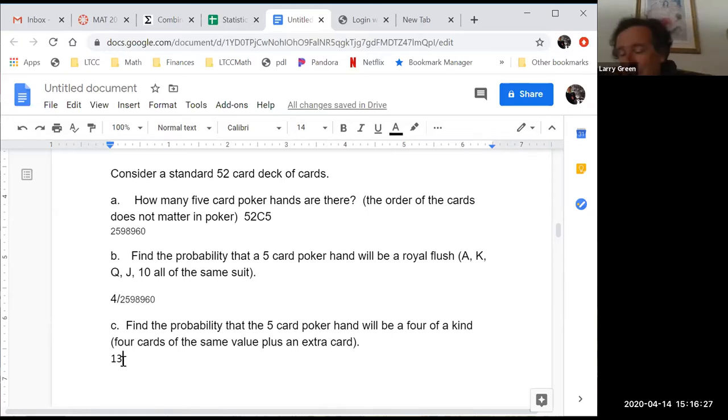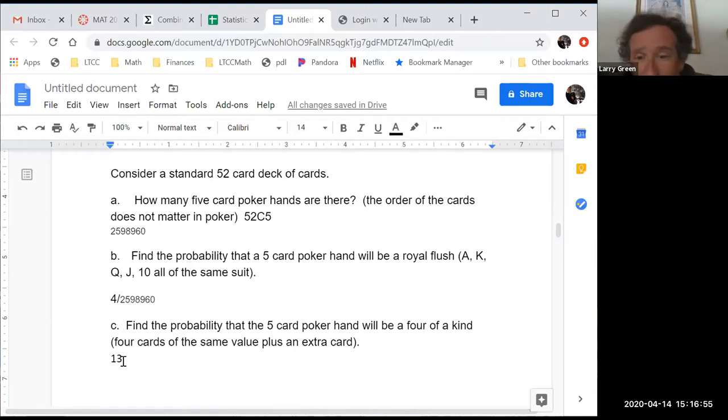Okay, the answer is yes, but now let's do the following. Do I still have a 4 of a kind in my hand? Yes, but it's not the same 4 of a kind that I had before because I had 4 threes and a jack. Now I have 4 threes and a 9.